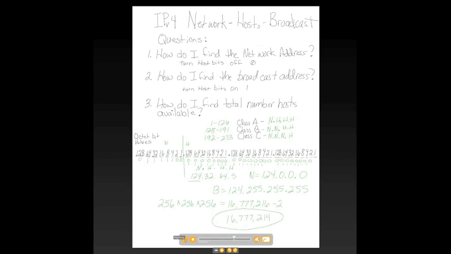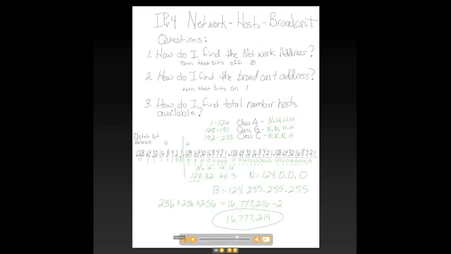And that's looking from a Class A. If we want to do a Class B, it's the exact same. You take the host bits, change them to zeros to get the network. You take the host bits, change them to 1 to get the broadcast address, and then you simply multiply 256 times 256, subtract 2, and that answer will be the number of available hosts.